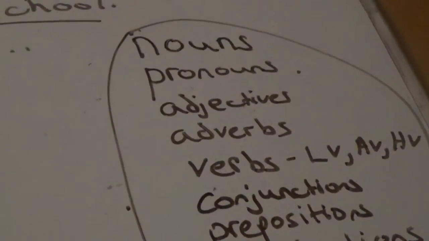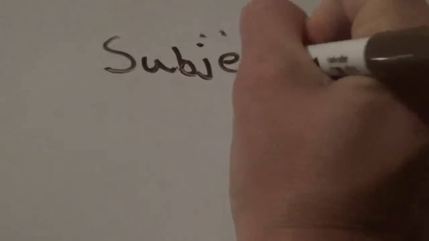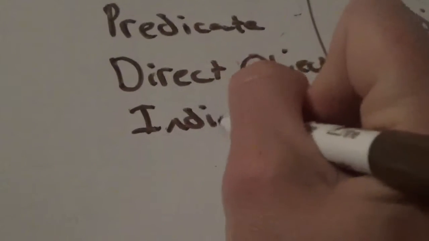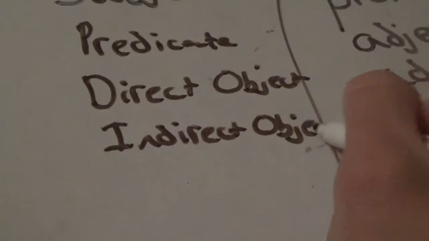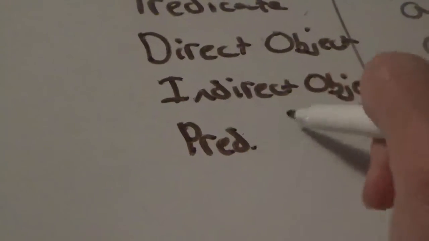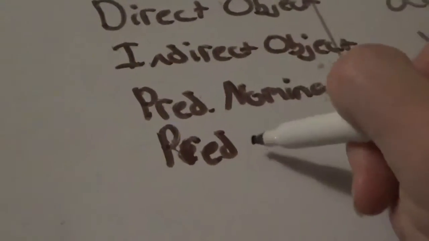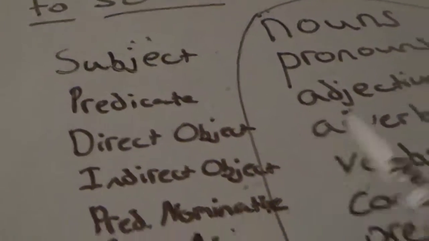And then there are some main parts of the sentence: subject, predicate, direct object, indirect object, predicate nominative. We'll review that a little bit later. Predicate adjective. Okay, so all of these parts of the sentence, the main parts of the sentence, all of these will be one of these 8 parts of speech.